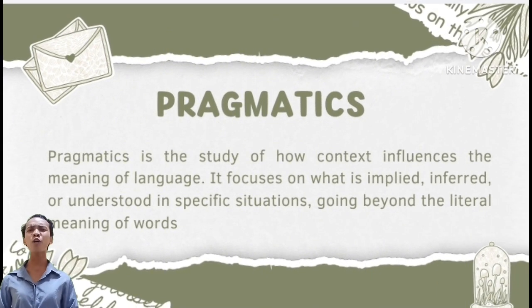Let's talk about pragmatics. Pragmatics is the study of language meaning in context, focusing on the invisible meaning, or what is implied rather than explicitly stated. It is the study of how context influences the meaning of language, focusing on what is implied, inferred, or understood in specific situations, going beyond the literal meaning of the words.